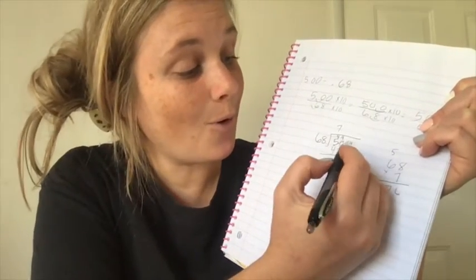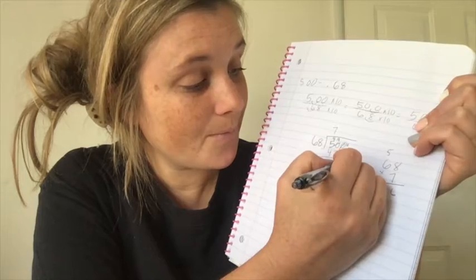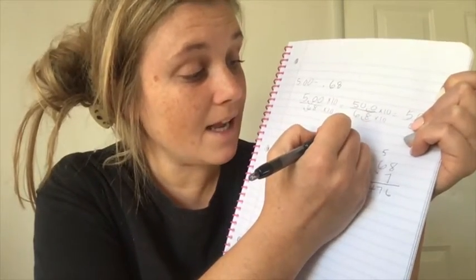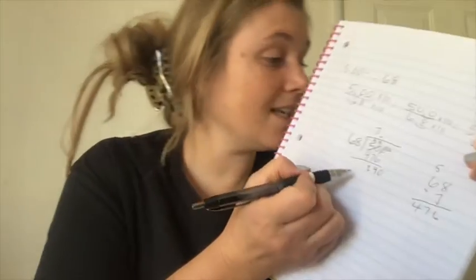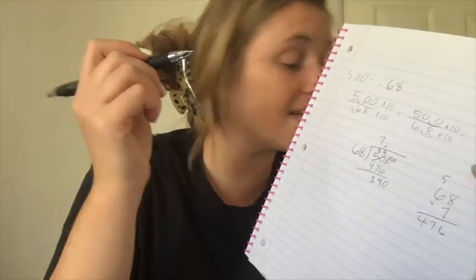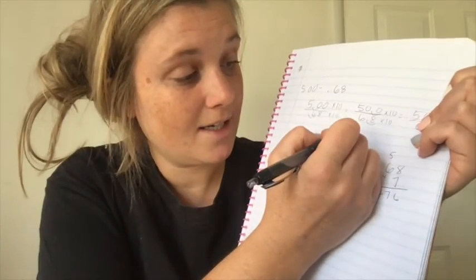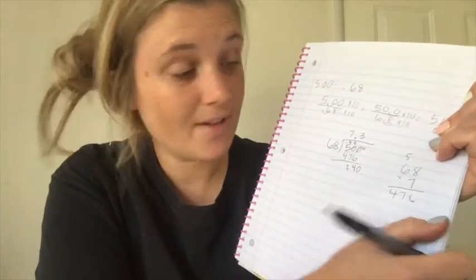So now, we're dividing by decimals, remember? So that's our remainder. What do we do? We pull down a 0. Anytime you pull down a 0, the answer is going to go after the decimal. Okay? How many times does 68 go into 240? Let's try 3. Okay?